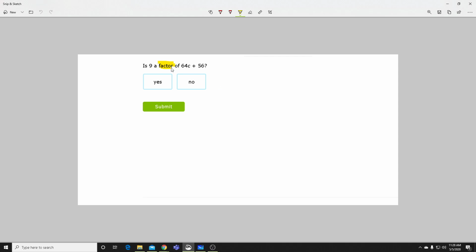Let's think about this vocabulary real quick. You're going to see this word a lot. I've already said it. Factor. Okay, so what is a factor? Well, let's take 6. The factors of 6 would be 1 times 6 is 6, so we know 1 and 6 would be factors.